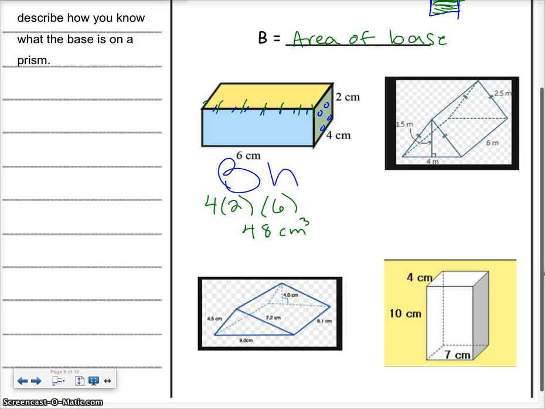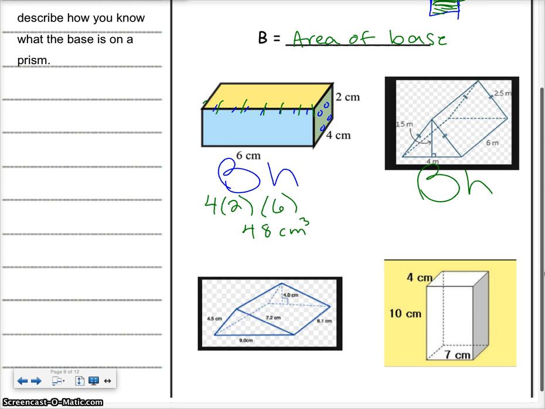The next one, I have a triangular prism. With my triangular prism, it does matter which one my base is, because there's only two faces that are parallel to each other: this triangle and the other triangle. Nothing else has parallel sides. So big B H, I always start out with that.